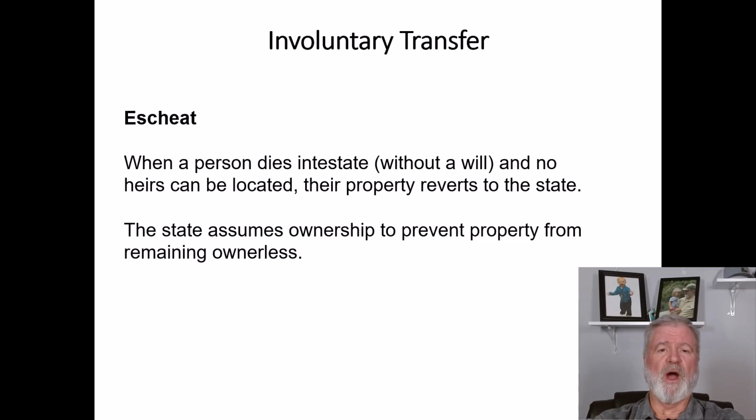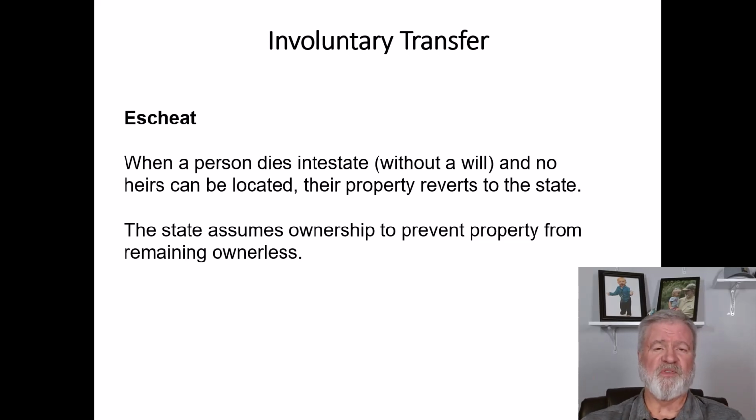All right, another way we can transfer involuntarily is escheat. Remember, escheat is when someone dies intestate. Intestate means they died without a will. And if you die without a will and the state cannot locate any legal heirs, y'all, nobody steps forward and says, I'm an heir of the deceased person and I should get this property.